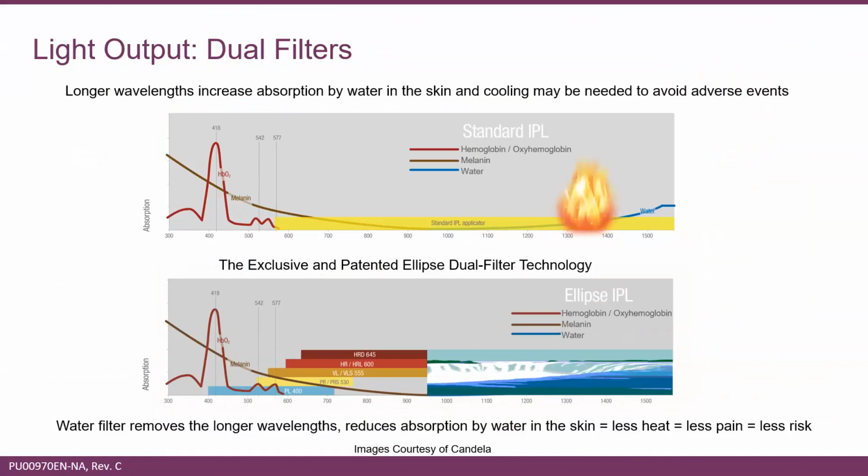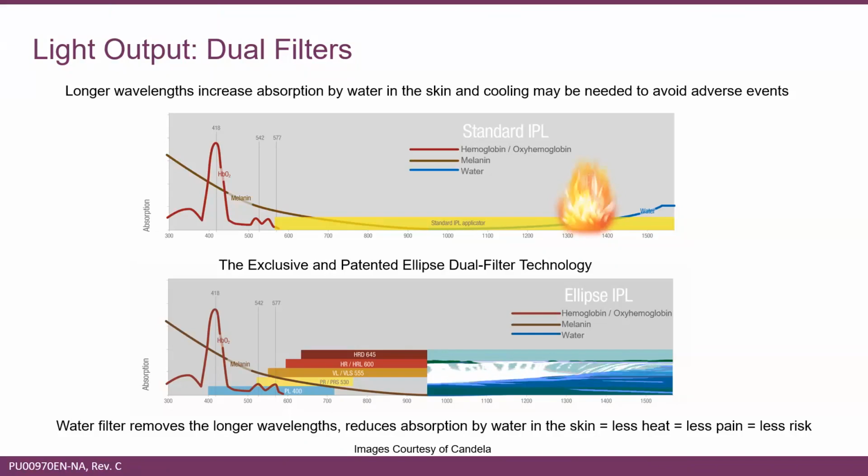A standard IPL handpiece will give you one cutoff filter, which could be anywhere in the region of 400 to high 600 nanometers as the starting point. So it filters out the light below whatever that number is, but it will carry on delivering that spectrum of light up into about the 1200 nanometer range.